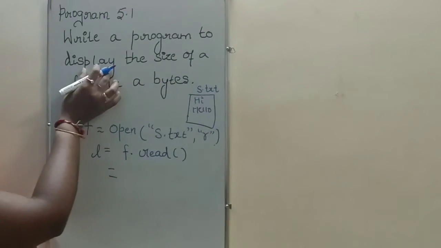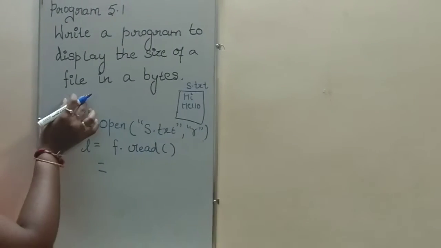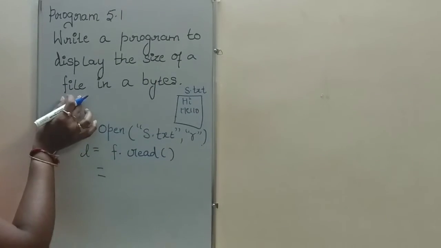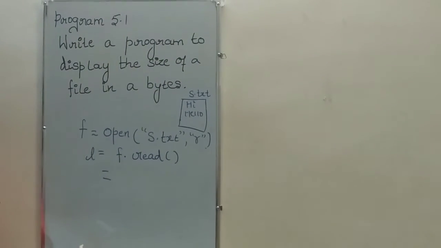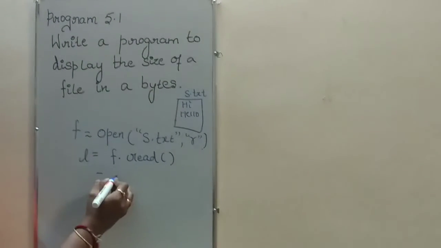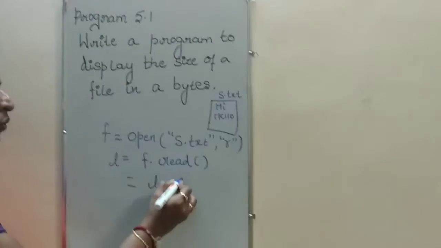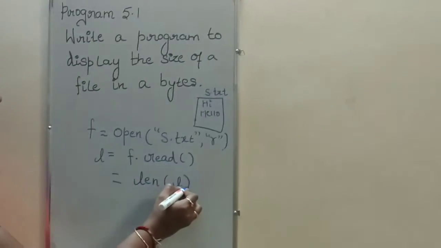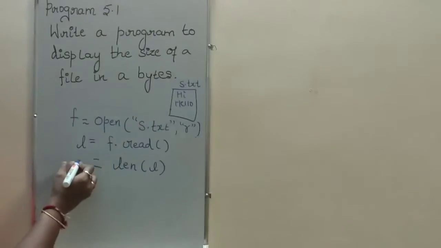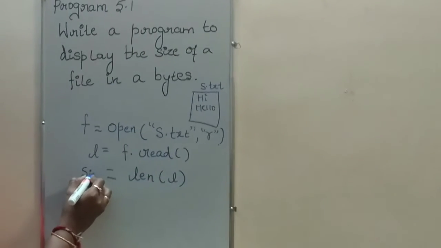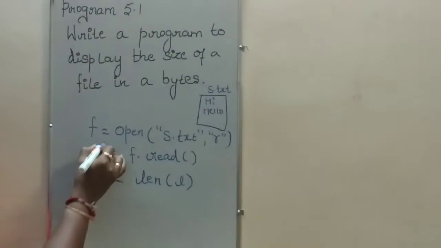And they ask you to display the size of your file. To find out the size of your file, we have a special function, the len function. Using the len function, you can determine the size of the file. And then this will be stored in a variable size.